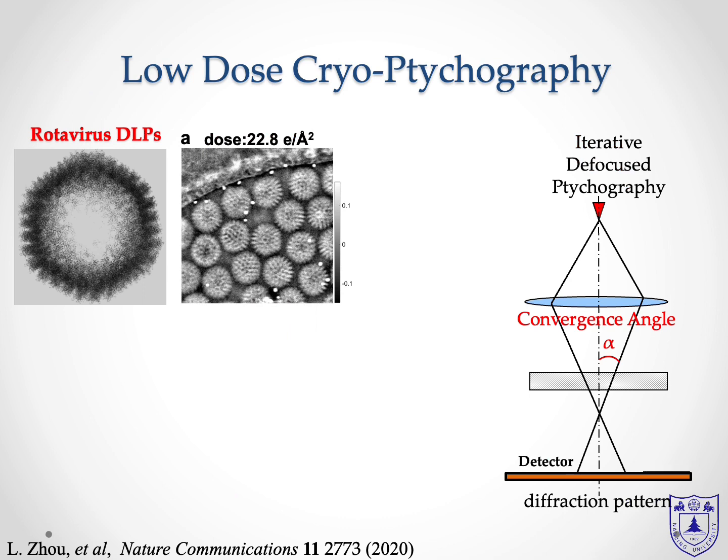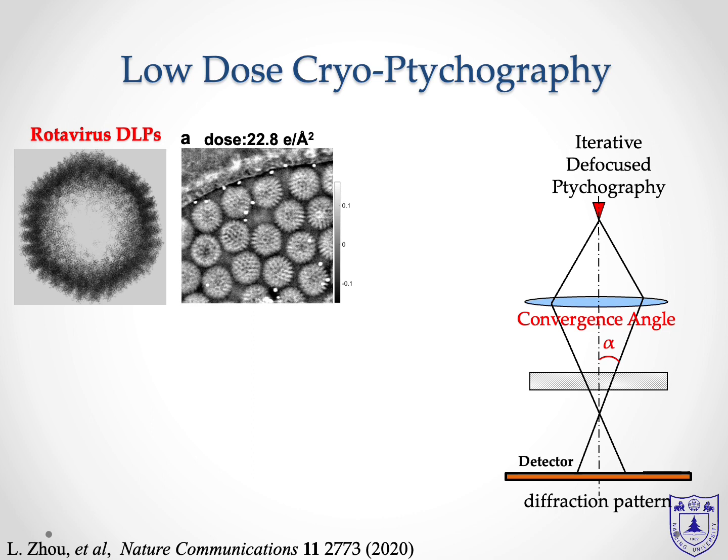As we use a relatively large probe, 20 to 30 nanometers in diameter, for the experiment, it is possible to scan a large sample area with a small number of probe positions, further reducing the total dose.